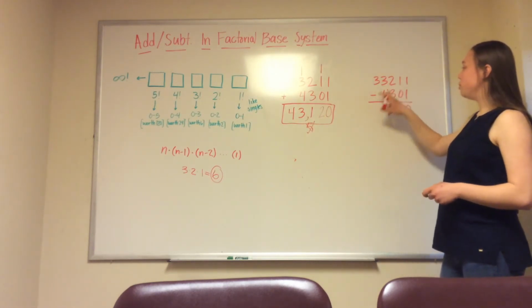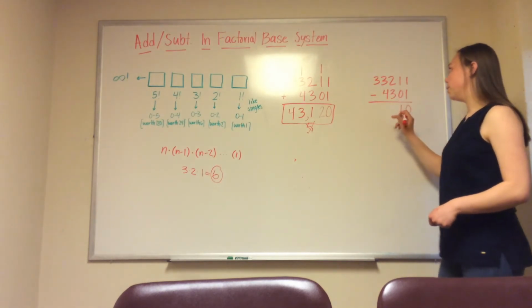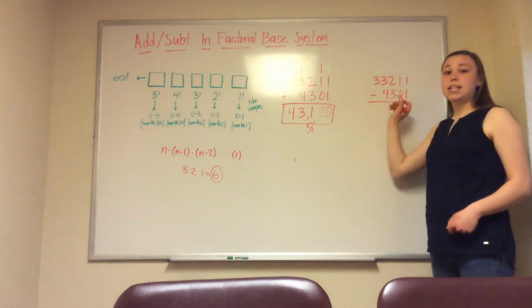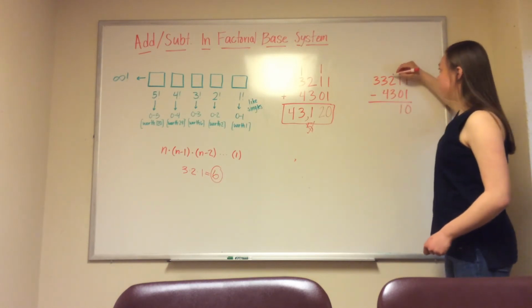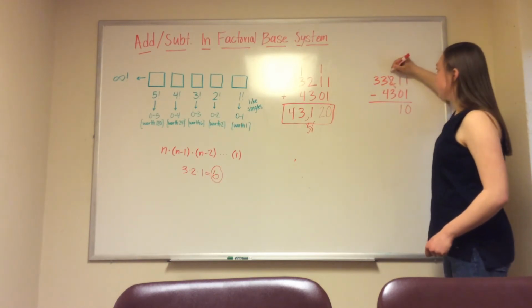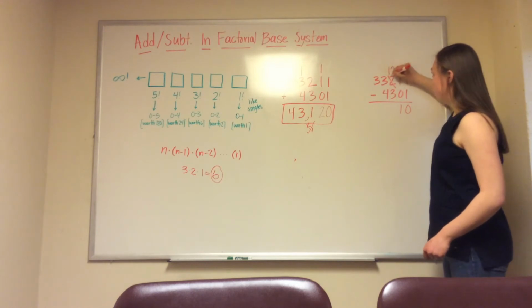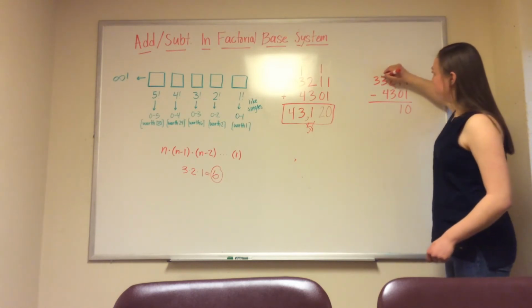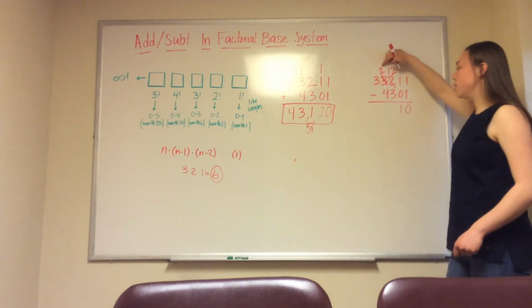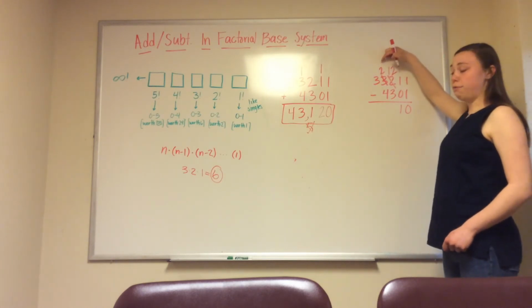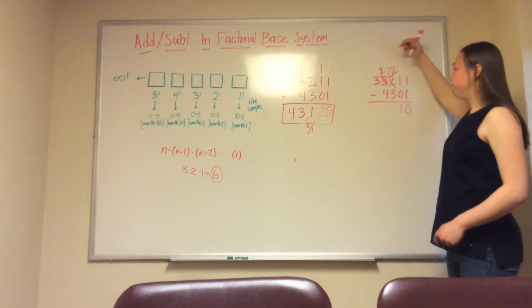Next we have 2 minus 3 in the 3 factorial column. Just like in base 10 subtraction, we can't do a smaller number minus a larger number, so we're going to have to borrow from the neighbor. We're going to make this into 1, 2, and we're going to borrow from the 4 factorial column, so there'll only be 2 rods of 24 left over.